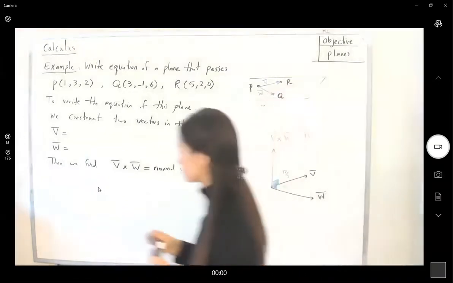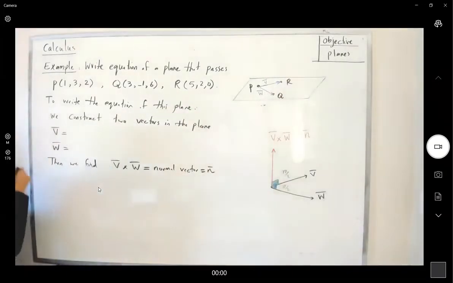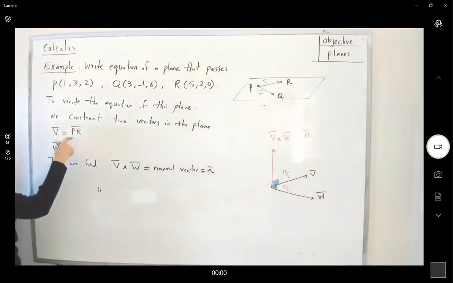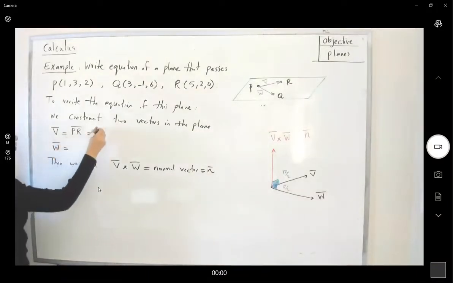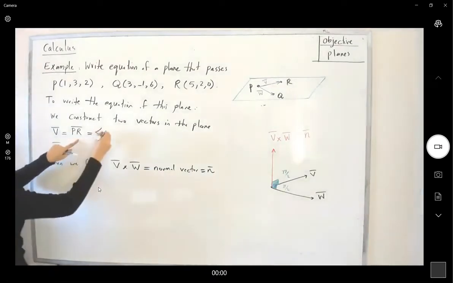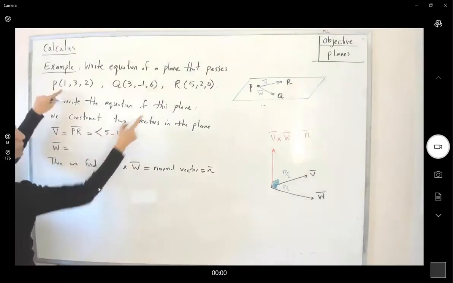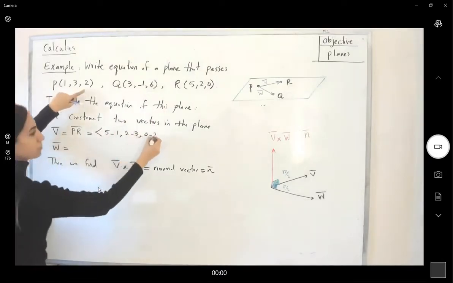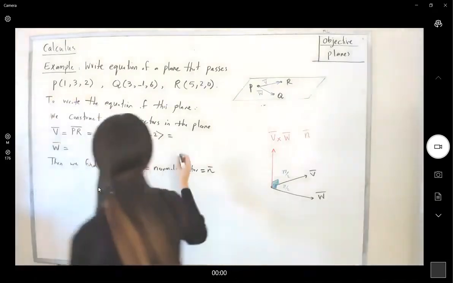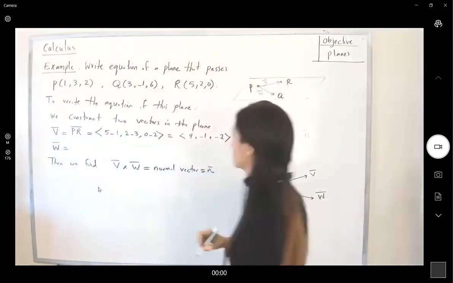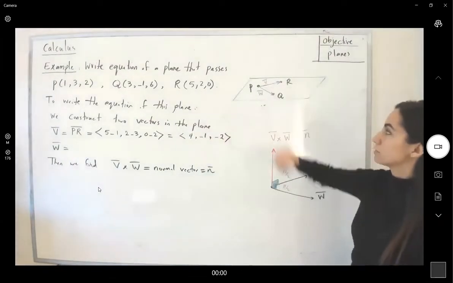Vector V is PR, from the initial point to the terminal point. We can write the components as R minus P: 5 minus 1, 2 minus 3, and 0 minus 2. My vector V is (4, -1, -2).